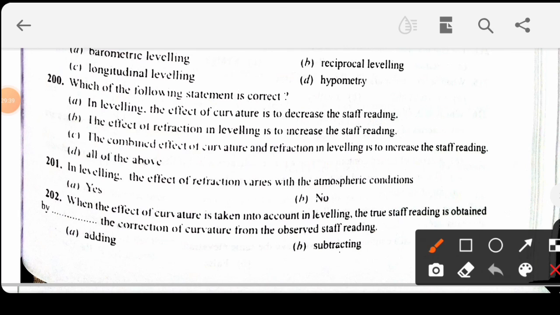When the effect of curvature is taken into account in leveling, the true staff reading is obtained by subtracting the correction of curvature from the observed staff reading. Here the correct answer B. You have to subtract, minus.